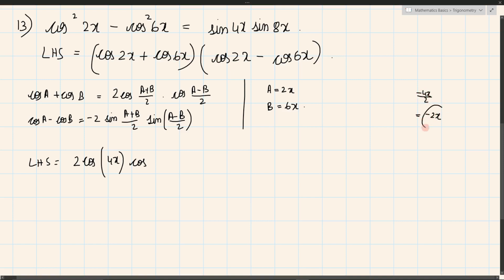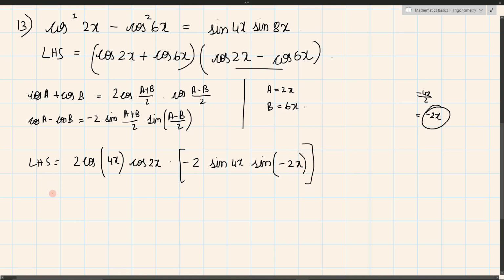Cos of minus x is nothing but cos x, so we can neglect the negative sign and write cos 2x into, this term will be simplified as minus 2 sine of 4x into sine of minus 2x.